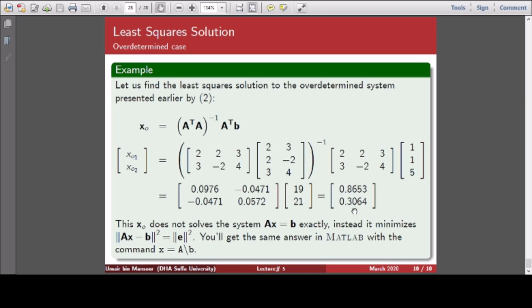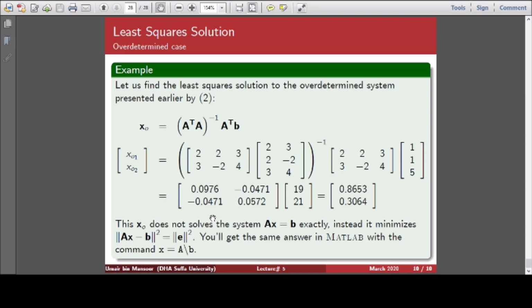So this X naught does not solve the system AX equals B exactly. Instead it minimizes the error or the energy in the error or the length of the error. Okay, so hopefully I have tried my best to explain it to you. This is a tricky topic, but since we don't have an exact solution to an overdetermined system, we are going to take a solution that minimizes the error or minimizes the distance between AX and B. This is actually obvious as well.